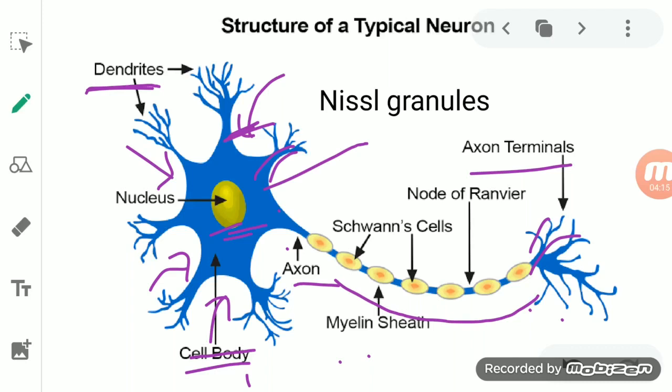Now the axon consists of neurotransmitters also, and these neurotransmitters help in transmitting nerve impulses. And we call the axon a nerve fiber. So these are the different parts of the nervous tissue in our body.